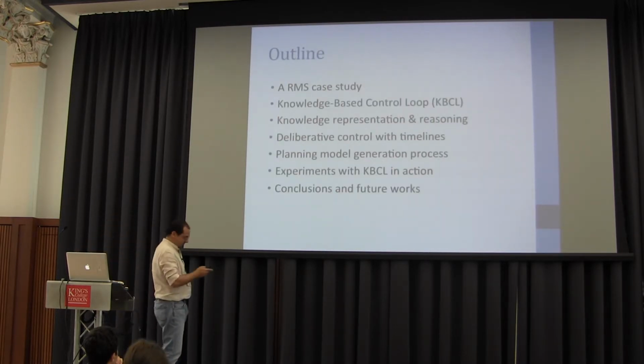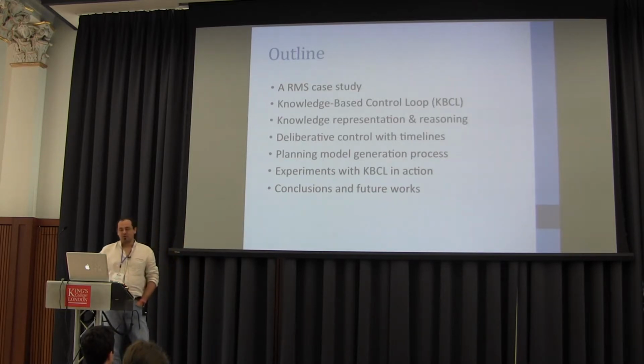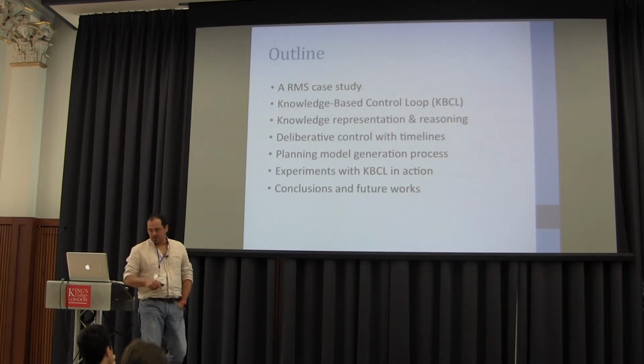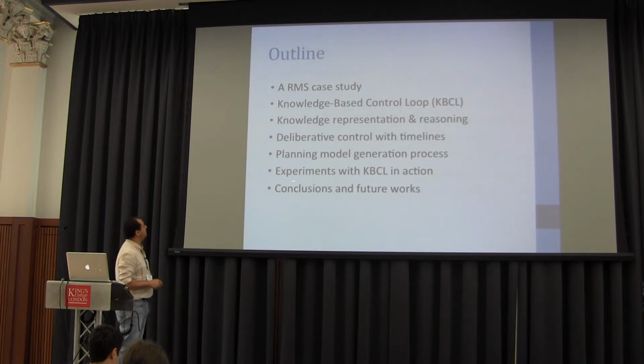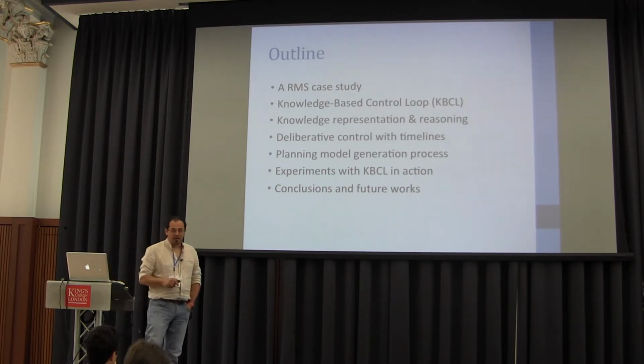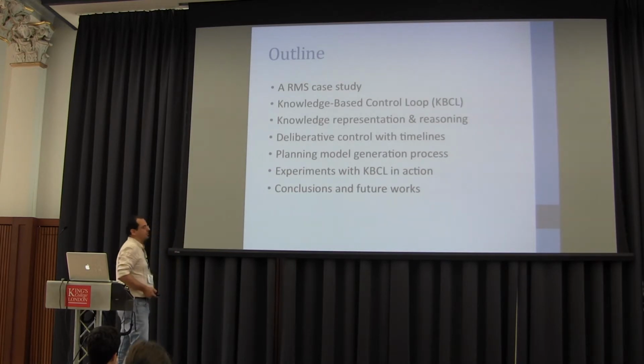Basically, I will introduce a reconfigurable manufacturing system case study elicited after a research project in which we were involved. Then I will present a planning-based architecture. This is the main contribution of the paper, proposing the implementation of what we call a knowledge-based control loop.